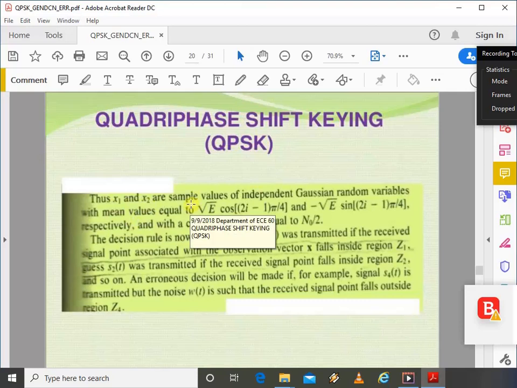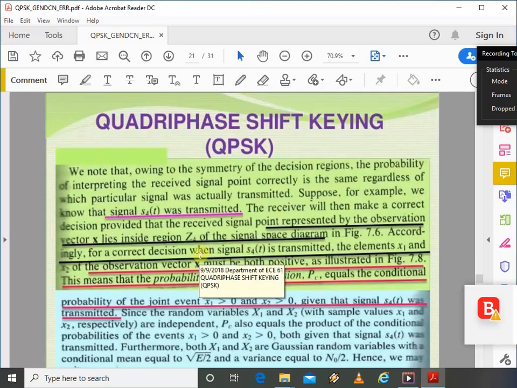The same thing I have written. Thus x1 and x2 are sample values of independent Gaussian random variables with the mean values equal to plus square root of E cos (2i minus 1) pi by 4 and minus square root of E sin (2i minus 1) pi by 4 respectively, and with a common variance equal to N0 by 2.